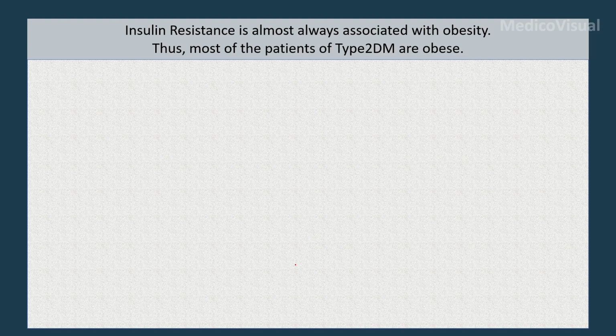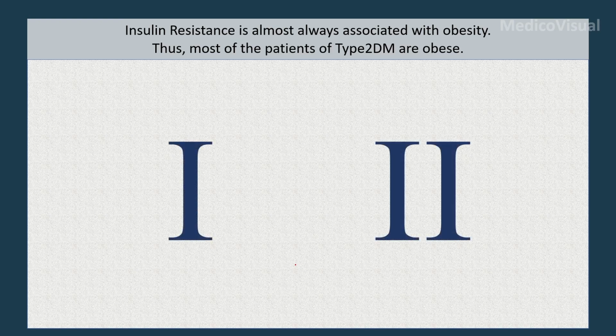By the way, how can you remember that type 1 diabetes mellitus patients are thin and lean, and type 2 diabetes mellitus patients are obese? Well, it's very easy to learn. Let's write the Roman 1 here, and let's write 2 here. This is for type 1 and this is for type 2.